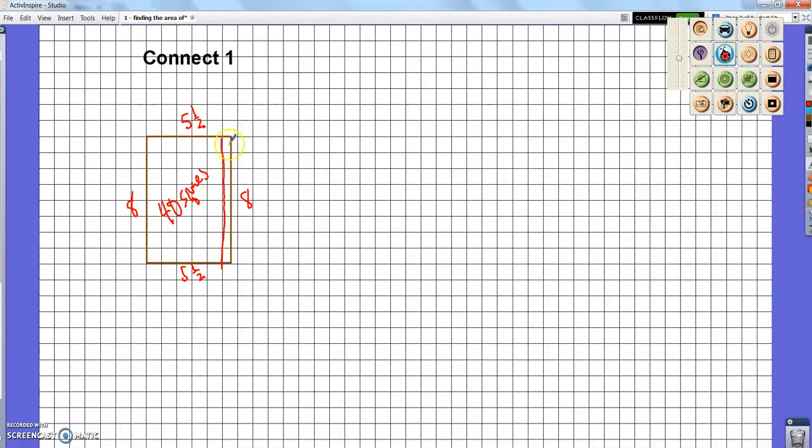And then these are halves, so there's 1 more, 2 more, 3 more, 4 more, so there's 4 more squares there. And so altogether, if we counted the squares, there'd be 44 square units here, square feet, square inches, something like that. So one way was to tile it into squares and count the squares.